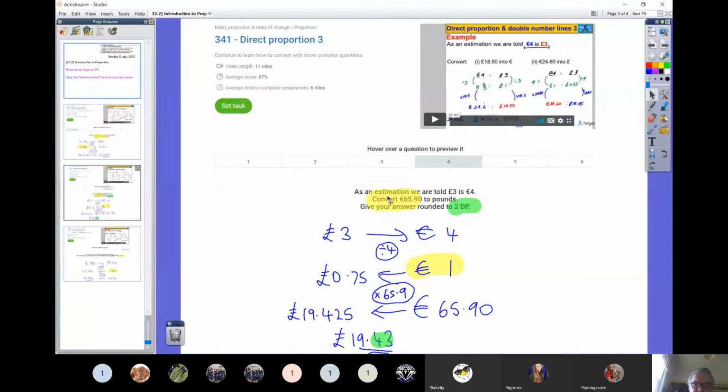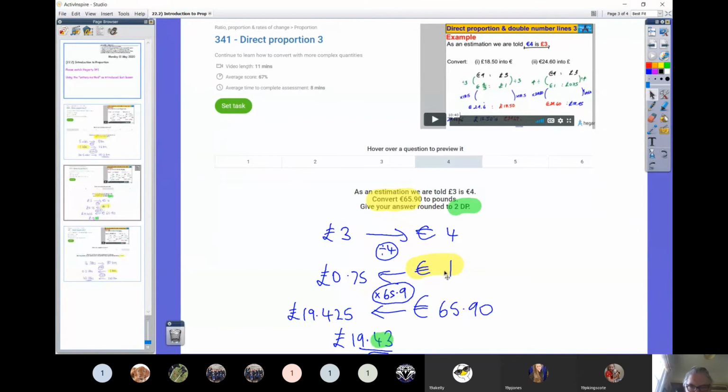This is an example of number 4. We're told that £3 equals 4 euros. But look, on this occasion, we're converting from euros. So we need to get back to 1 euro, not £1. So notice on this occasion, I've decided to divide both sides by 4, because that takes me from 4 euros back to 1 euro. So 3 divided by 4 was 0.75.